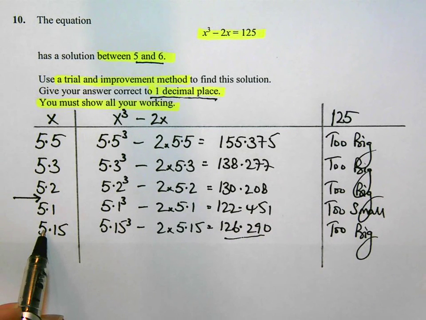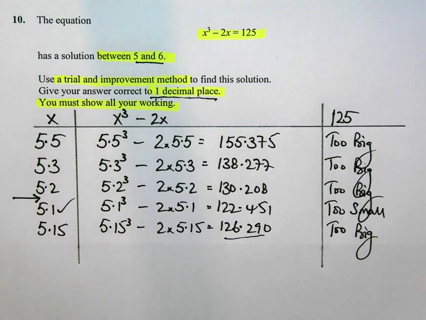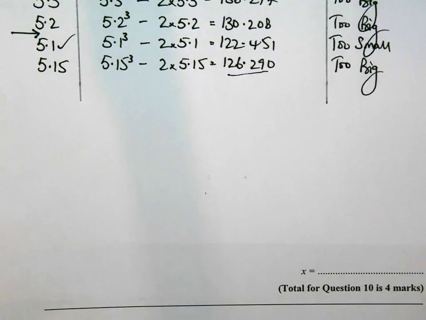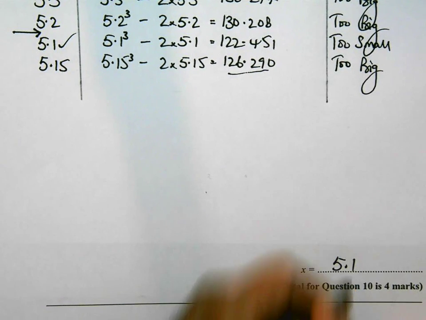So our value for x is going to be smaller than 5.15. So we're going to choose 5.1. That's going to be our answer. And that's what I'll write in the answer space right down at the bottom here. I'm going to write x is equal to 5.1.